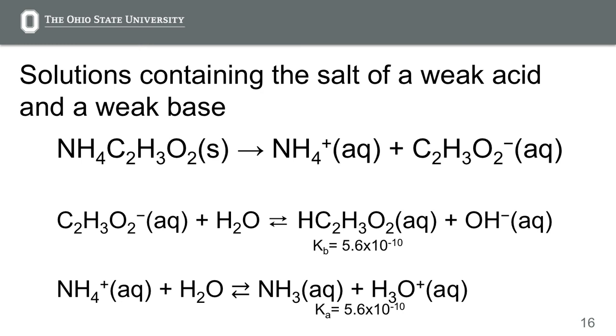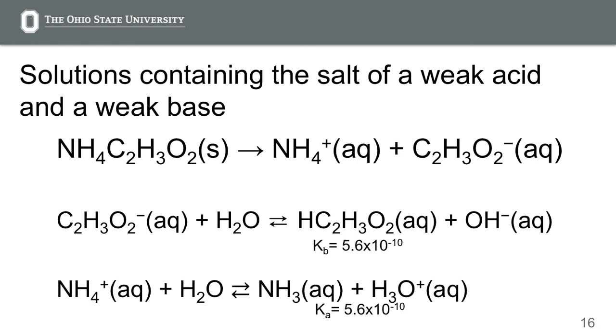I'm not going to work through this entire problem because I think it's sort of beyond what you're going to need to know, but I do want to show you what you can do. So if our salt contains both of these things, here's our conjugate base of the weak acid, here's our conjugate acid of the weak base. Which one will dominate is basically what is being asked.